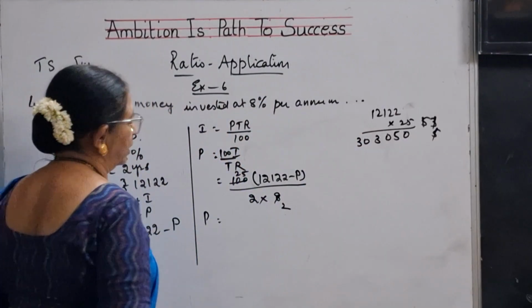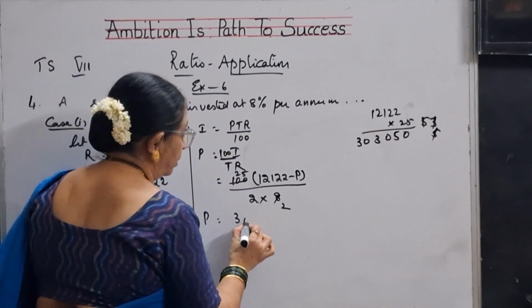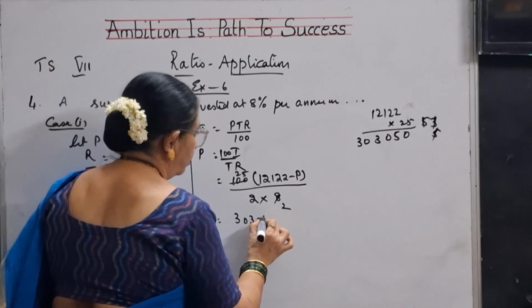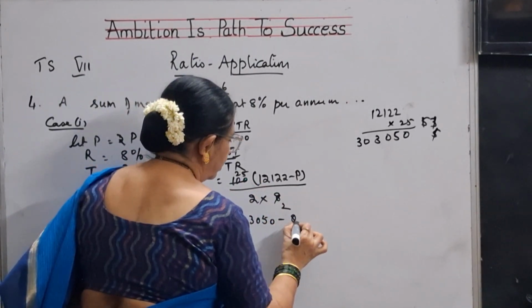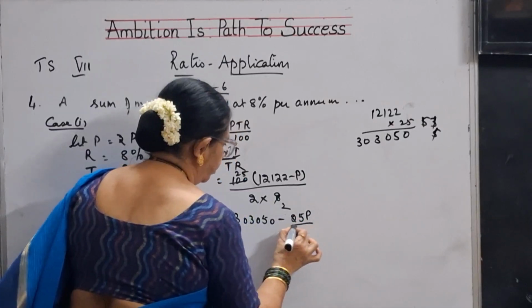So you are getting 303050. 25 into it, minus 25P by 4.